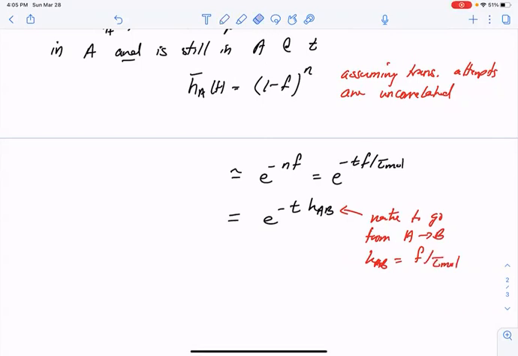So a first order reaction rate constant has a statistical meaning, which is just the probability to make a transition per some unit of time, the time over which I can count an attempt as uncorrelated.